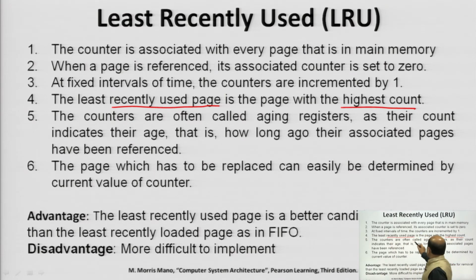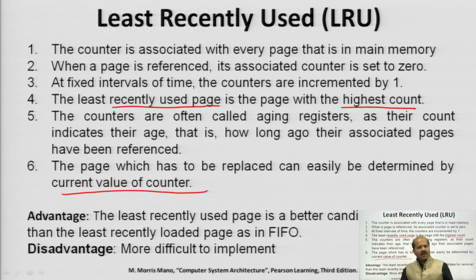The counters are often called aging registers, as their count indicates their age, that is, how long ago their associated pages have been referenced. And in the next step, the page which has to be replaced can easily be determined by the current value of the counter. The page which is least recently used, or whose counter value is high, will be replaced.